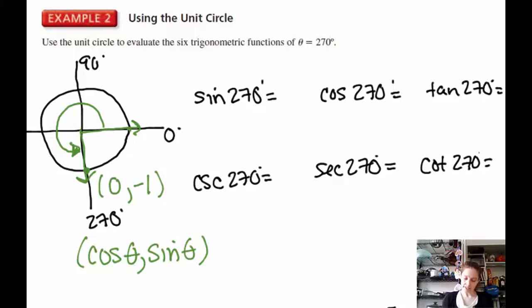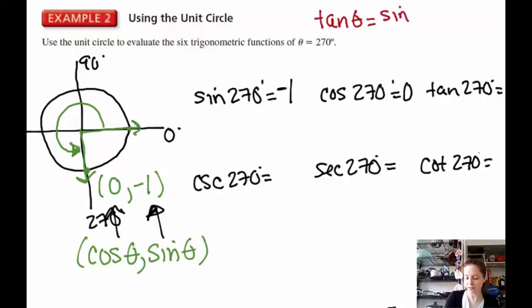Okay, so sine is the y value, so it's negative 1. Cosine is the x value, which is 0, and tangent, you'll need to remember this ratio, that the tangent of theta is equal to the sine of theta over cosine of theta.